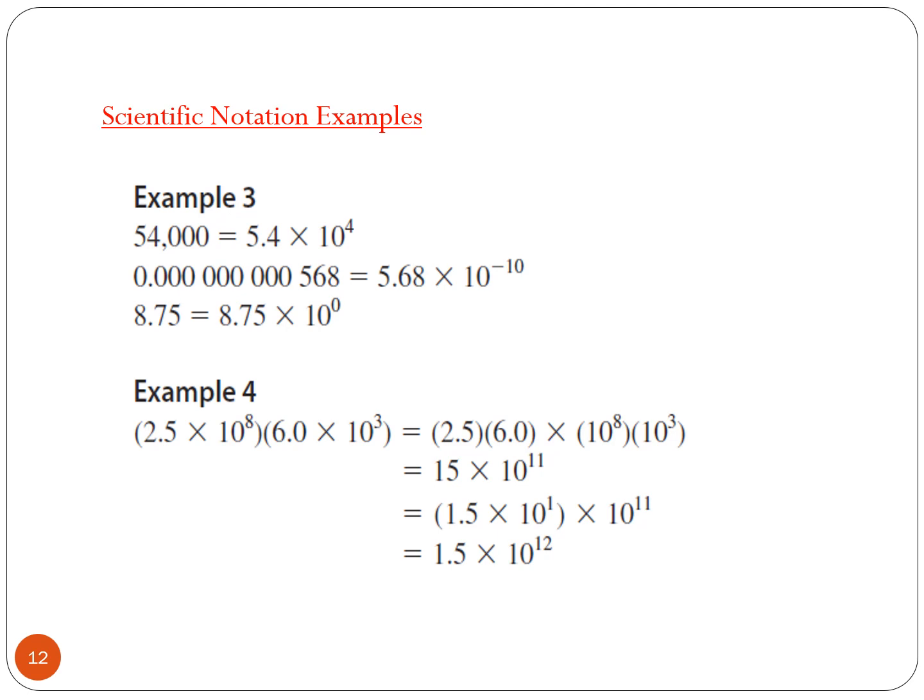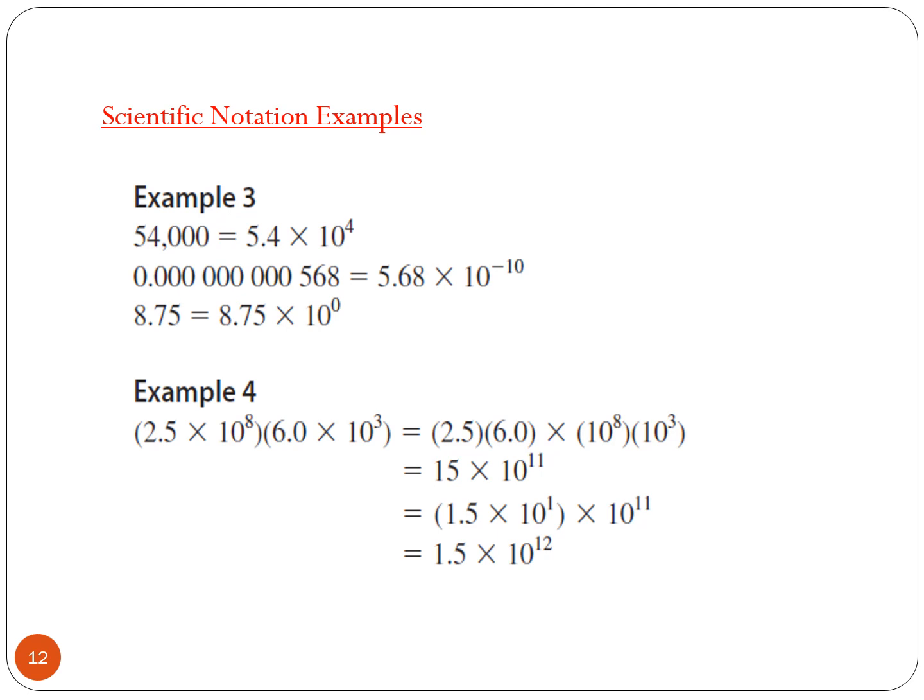You multiply them like you multiply two brackets: you can multiply the numbers 2.5 times 6 and then multiply the powers of 10 together. This is using the associative property. So this becomes now 2.5 times 6 times 10 to the 8 times 10 to the 3.